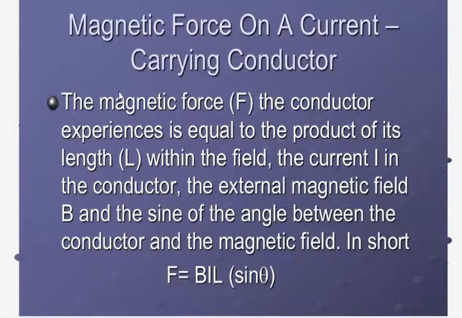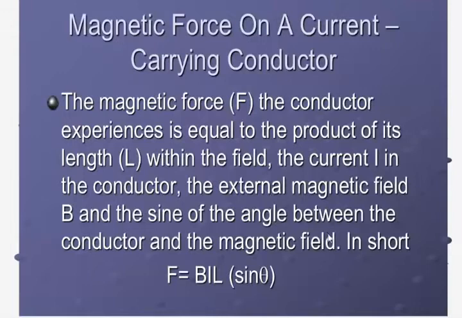You know well that when a current carrying conductor is placed in an external magnetic field, the conductor experiences a magnetic force, and this force is equal to the product of the length of the conductor within the magnetic field, the current flowing through the conductor, the external magnetic field B, as well as the sine of the angle between the conductor and the field.